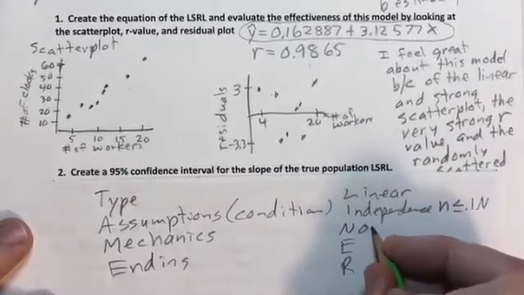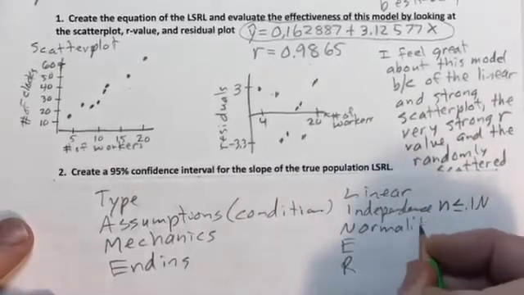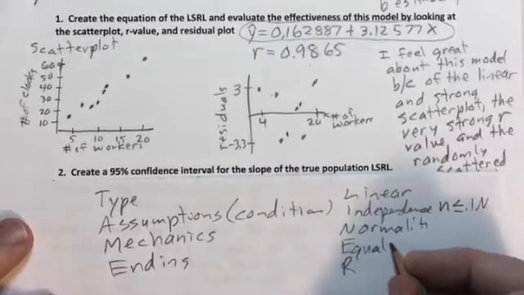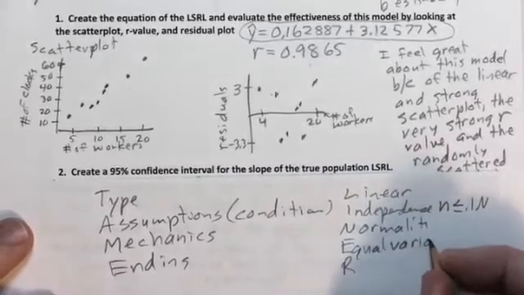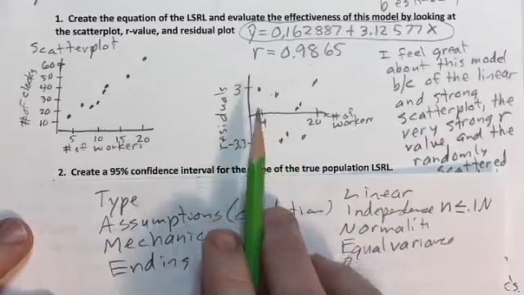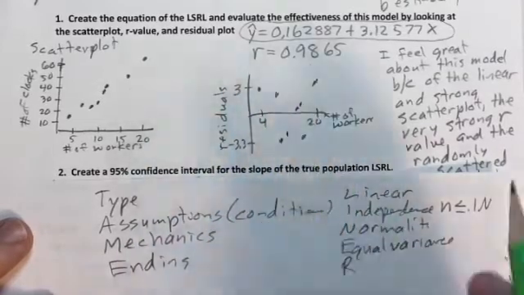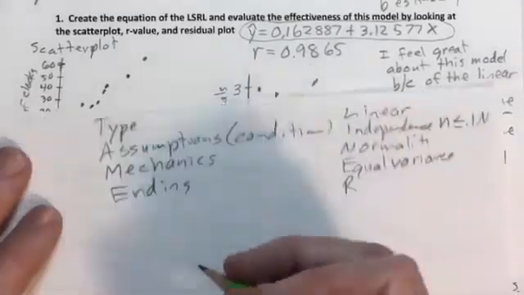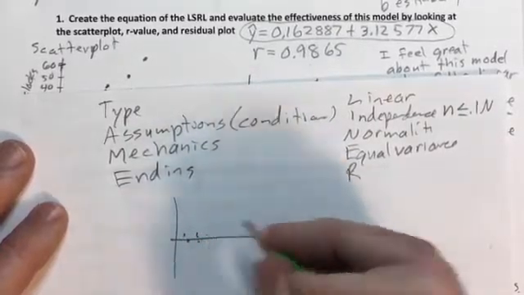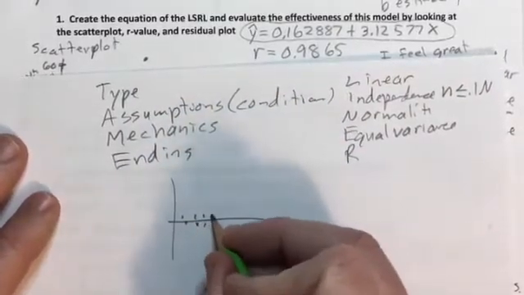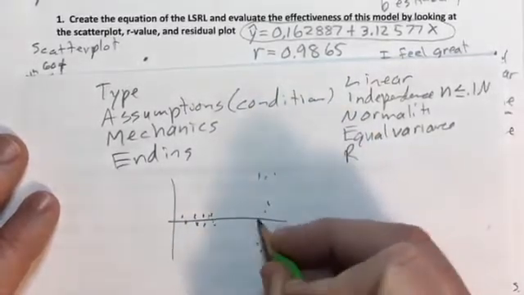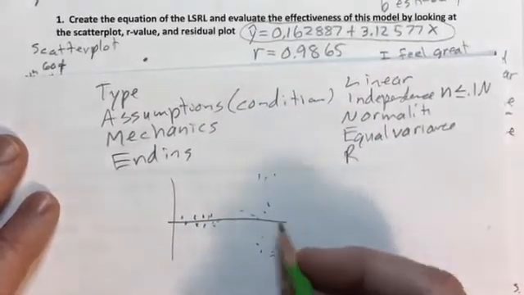We have to have normality. This one's a bit new. We have to have equal variance, which is equal variability. When you look at the residual plot, you can't have different variabilities for different values of x. Your residuals can't be really close in line here and really wide there. That would be unequal variance.